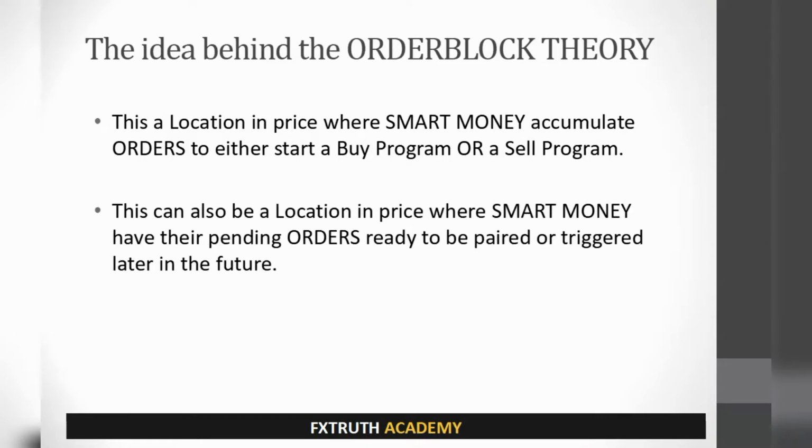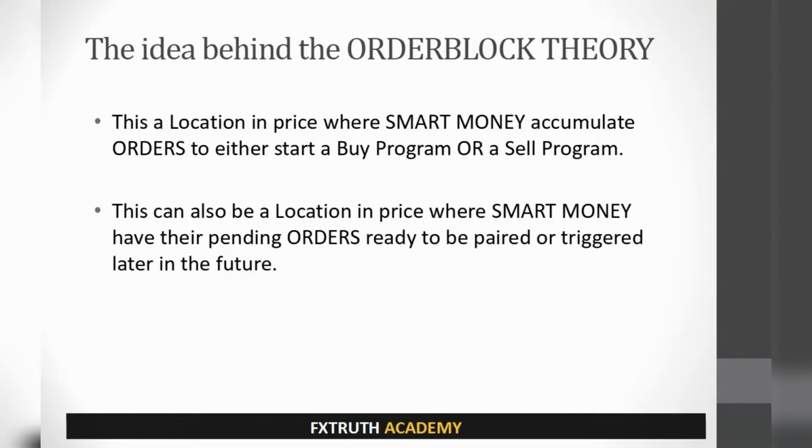Moving forward, this can also be a location in price where smart money have their pending orders ready to be triggered later in the future. So this is not just where they accumulate orders. They also place their pending orders right there. Why? Because when they create these order blocks, definitely they will leave that order block and they will want to bring price back down to that order block.